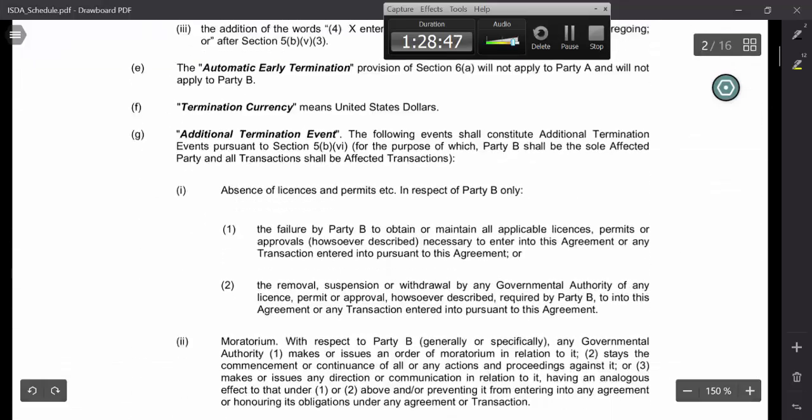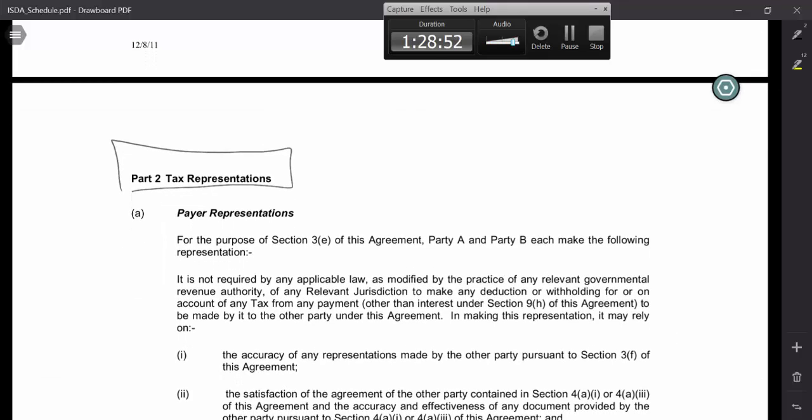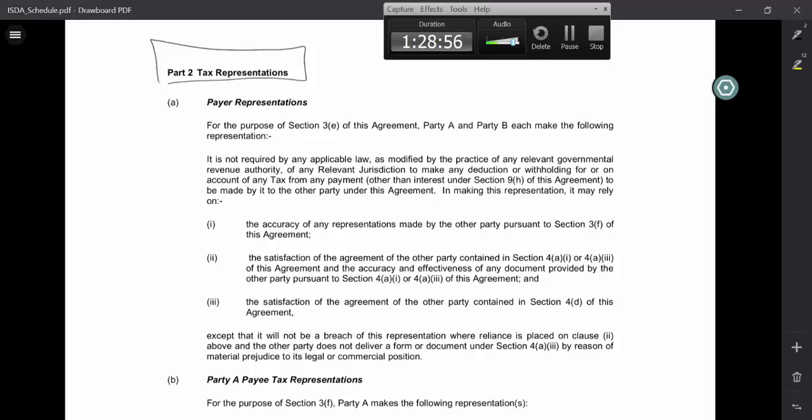The other clauses are not so interesting. So tax representation is just telling the other party what your tax status is. Are you a US company? Are you incorporated in the Cayman Islands? Are you from China or Hong Kong or whatever?